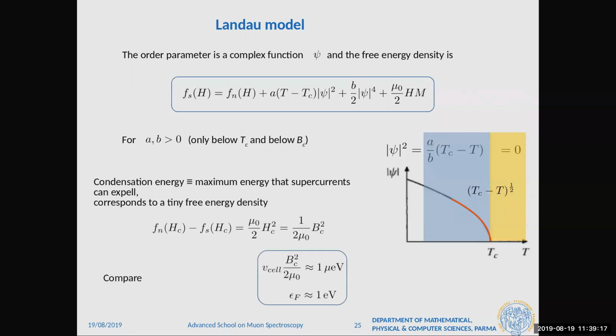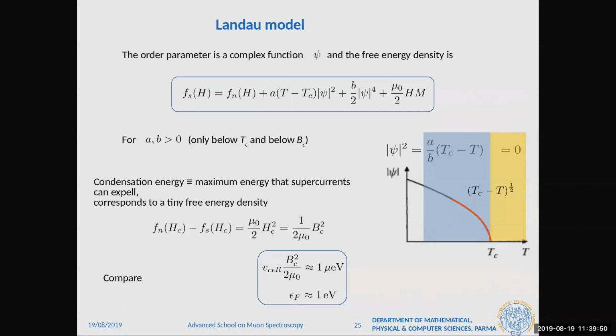So, one thing that we can immediately tell from here is that if we push the field above Bc, Hc or Bc as you wish, this superconductivity will disappear. So the difference between these two will be exactly compensated by this term when we get to the critical field. So it means that this is the order of magnitude of the condensation energy of the superconductor.